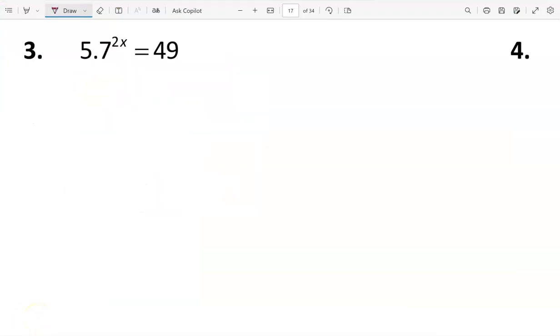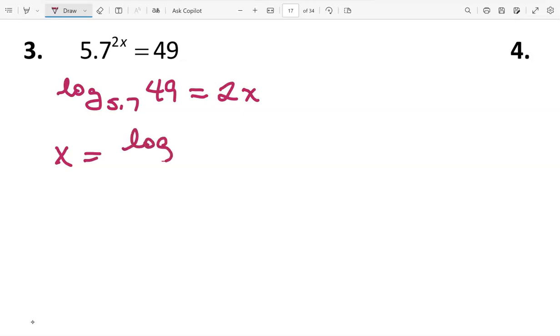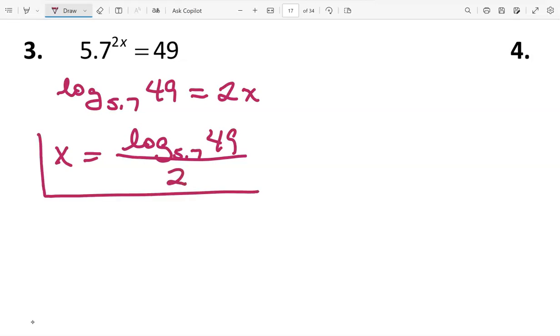In 3, we have an exponential equation where the variable is in the exponent, so we'll use logarithms to solve. The log base 5.7 of 49 is equal to the exponent 2 times x. Now we can divide by 2, so x is equal to the log base 5.7 of 49 divided by 2, and that's our exact form answer.